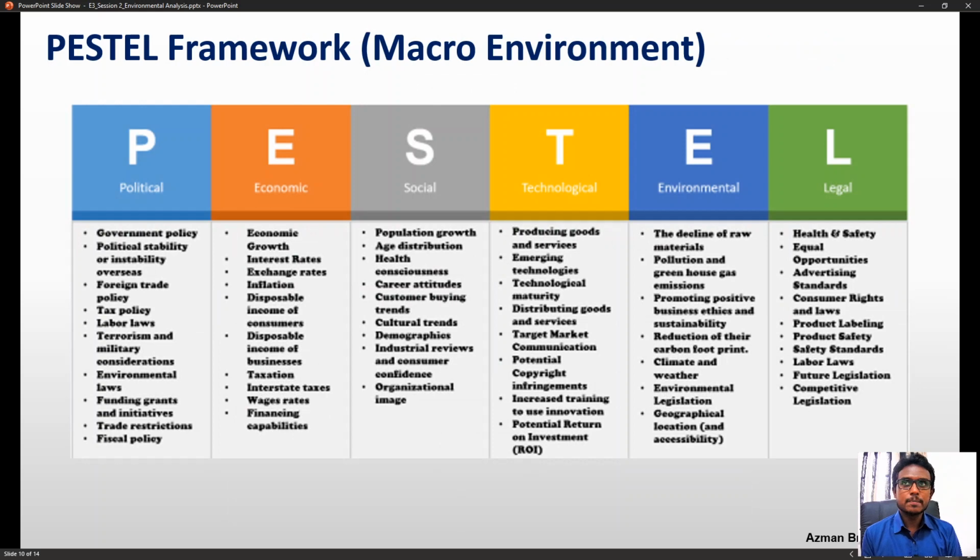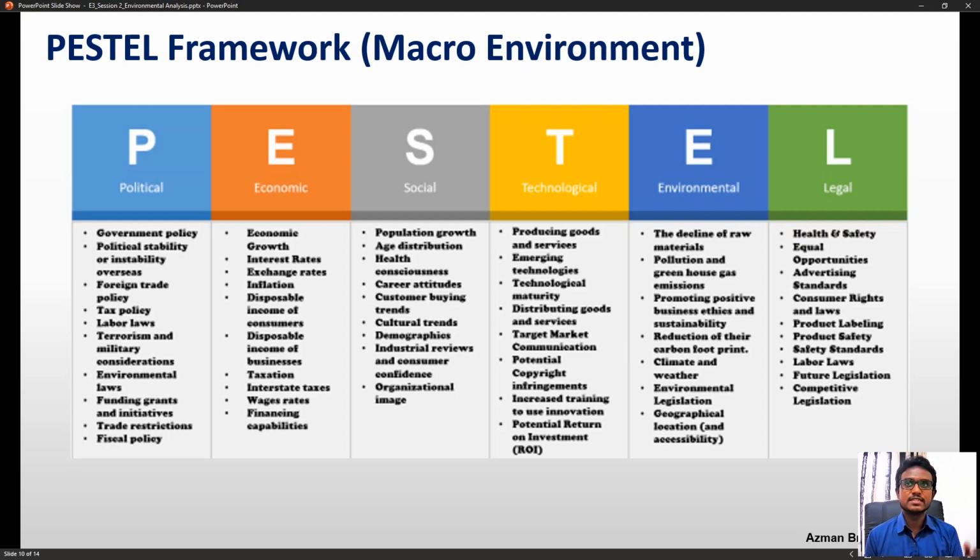That brings me to the PESTEL framework, which is a macro environment analysis tool. Under each of the letters of this acronym, you have P for political, E for economic, S for social, T for technological, E for environmental, and L for legal. Under each of these, there are so many aspects to take into consideration when you are analyzing the macro environment.